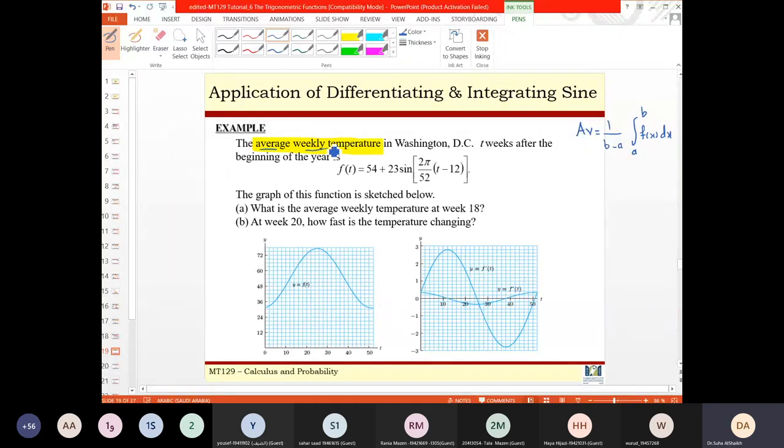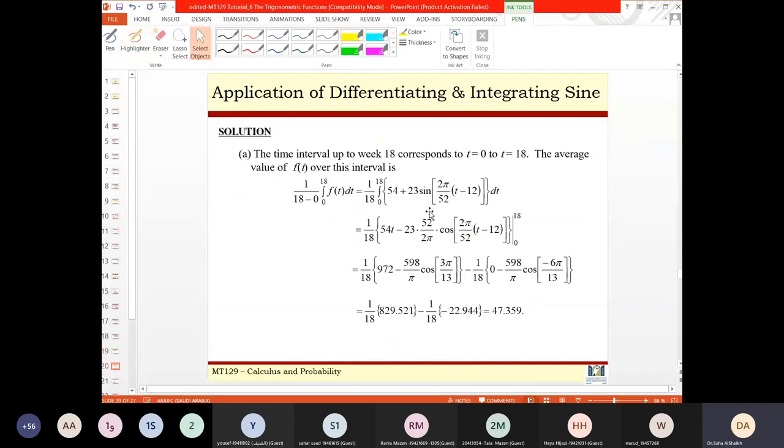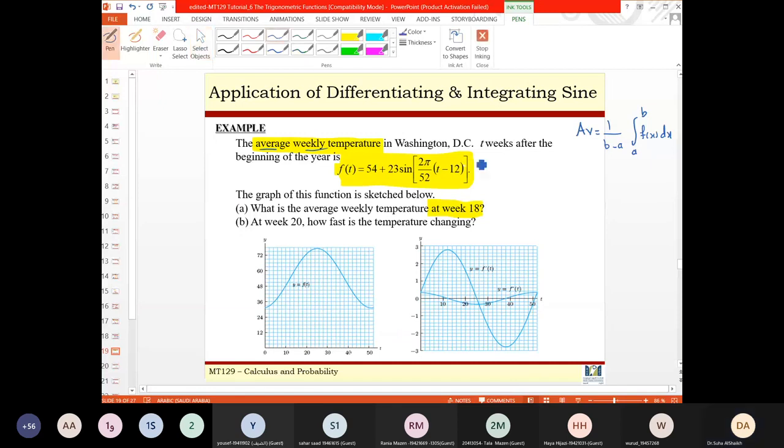So they want the average weekly temperature in Washington D.C. The function f is given by this. It's a sine function. So the average value at week 18, I'm talking about the integration from 0 to 18.